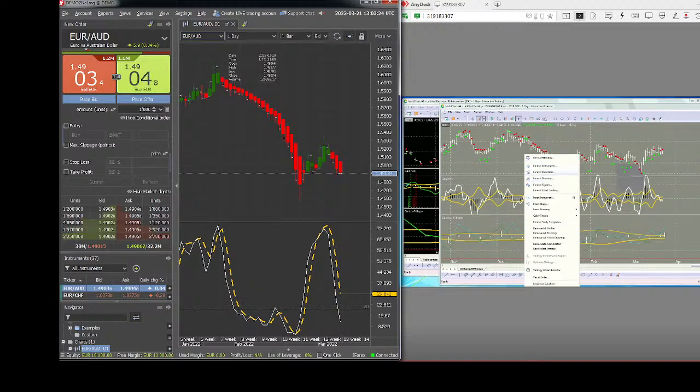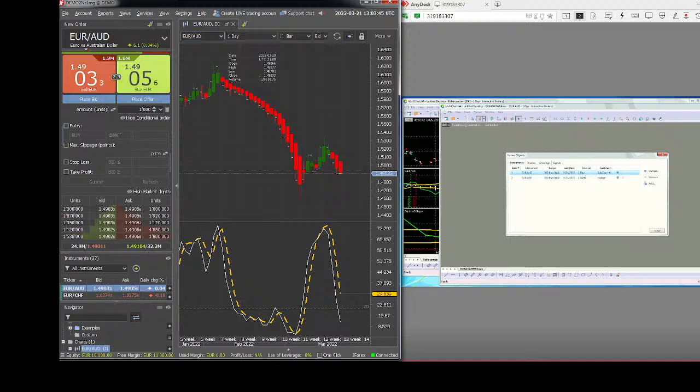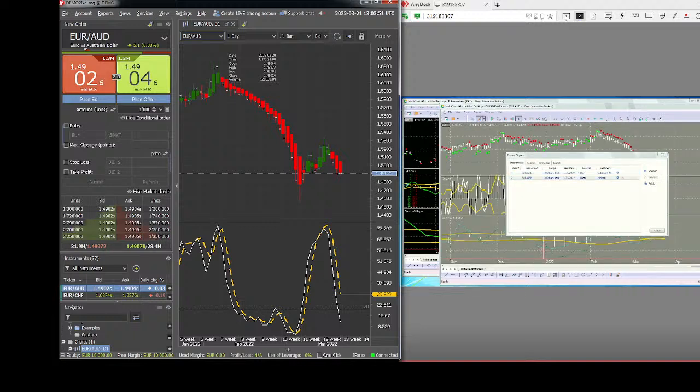And let's stick it in there and see how that looks. AUD. And do that again.